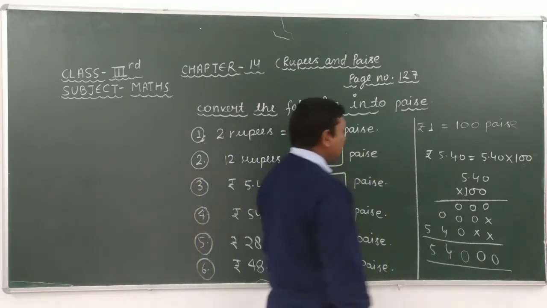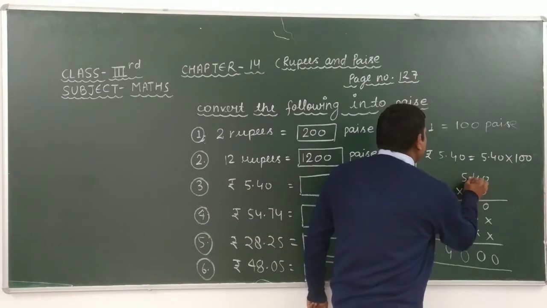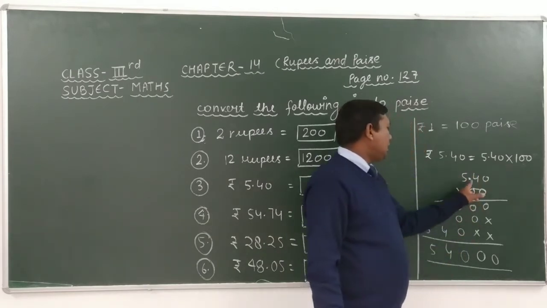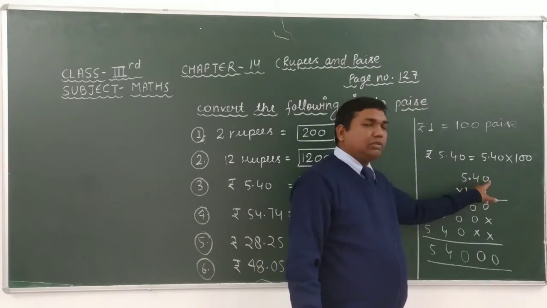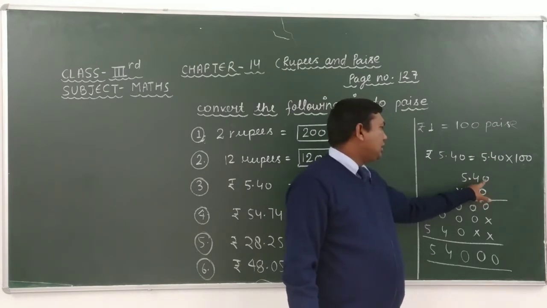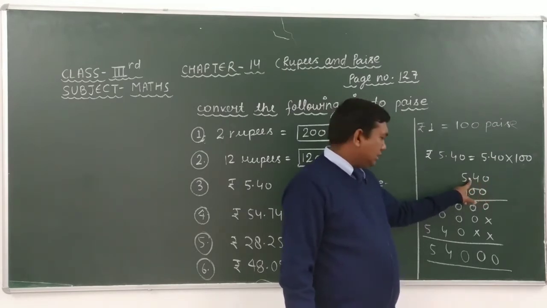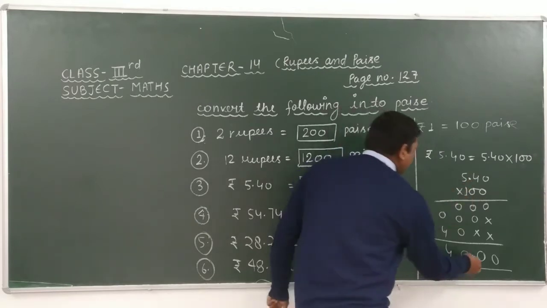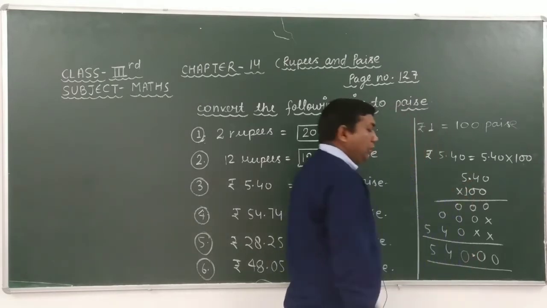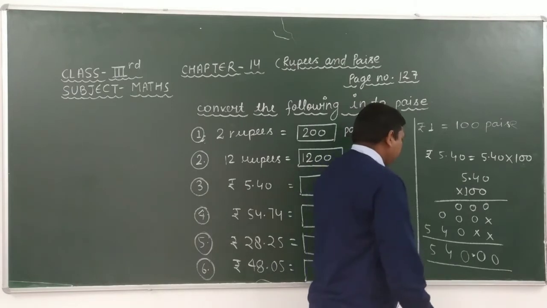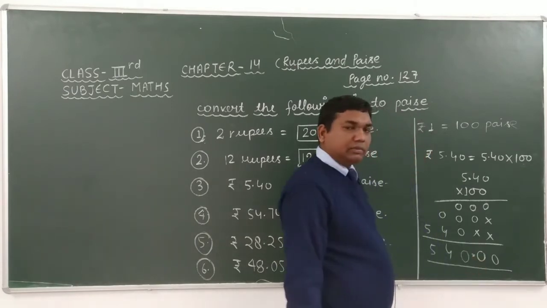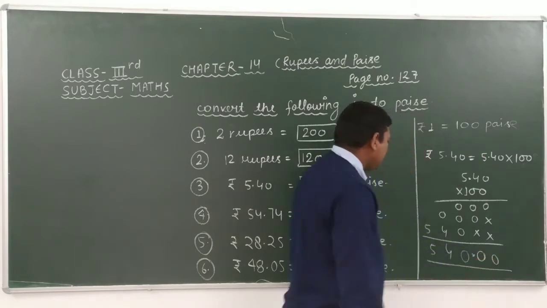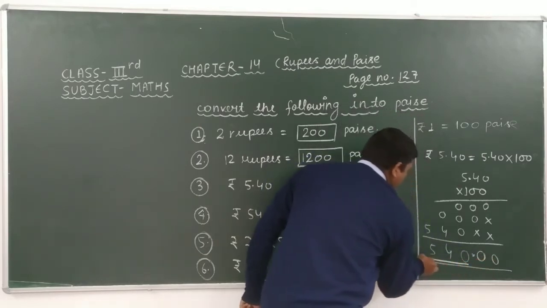Just once look here carefully. Here a decimal point is attached before 2 digit places. Therefore we place the decimal point before 2 digit places, which gives 540.